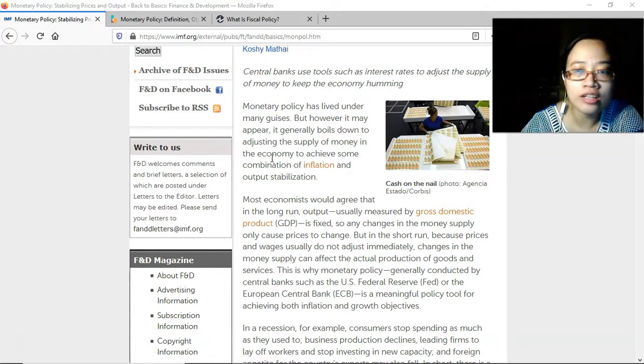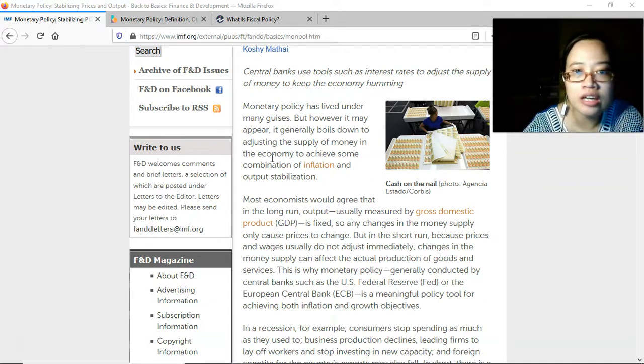Depending on the economic situation, it can be increased and decreased through the monetary policy tools that they use. They do that so they can curb inflation, make sure that it's at an acceptable level and doesn't go too high. That would also contribute to what we call price stability and currency stability.